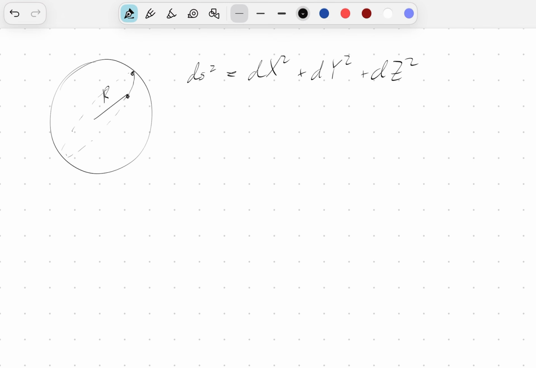But if you use spherical coordinates, x is equivalent to r sine theta cosine phi, y is r sine theta sine phi, and then z is r cosine theta.